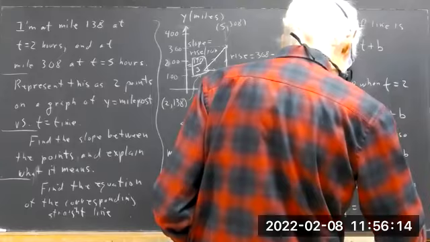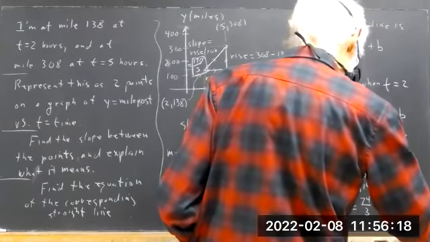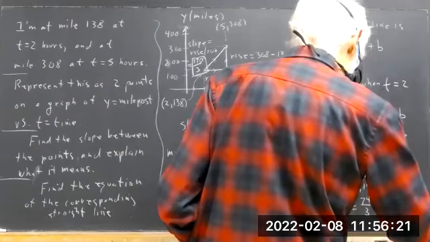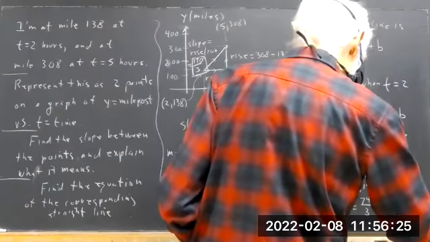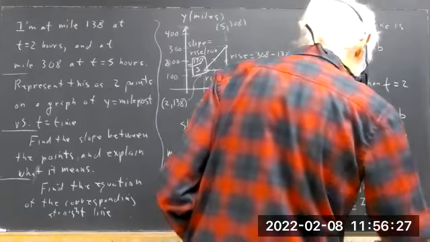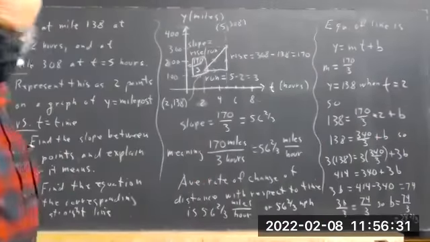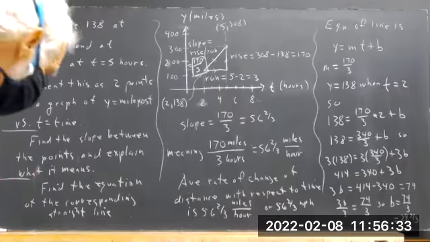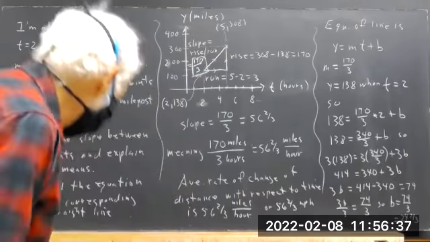So b equals 74 over 3, which is 24 2/3. Now the question to answer is, what's that mean?